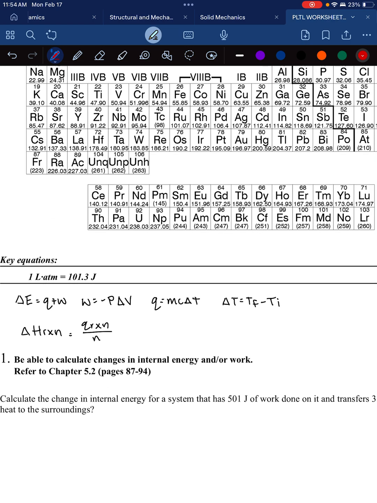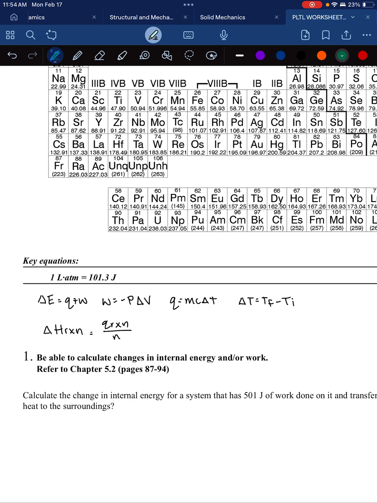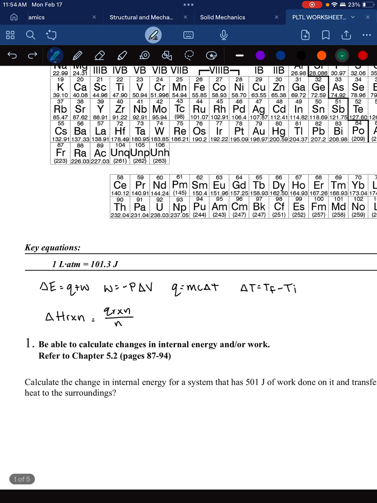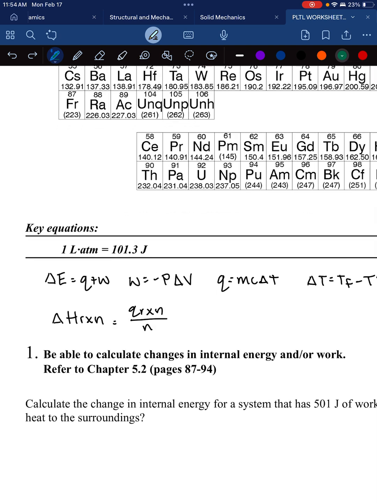As you can see, I wrote down some of the important equations from this chapter here, as well as conversion here. So firstly, we have change in internal energy, and that'll be Q plus W, where Q is heat flow and W is work.